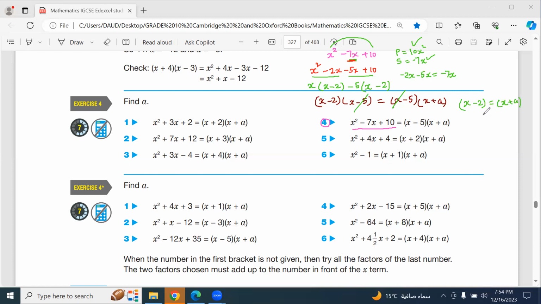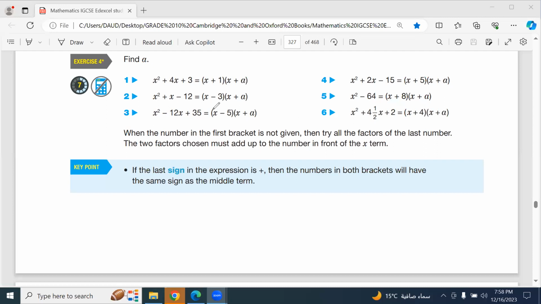If you compare, this can be equal only if the value of a is negative 2. On the right hand side we have x plus a, so if a is negative 2, then they are exactly equal. In this way, we find the value of a. I hope you get this concept.